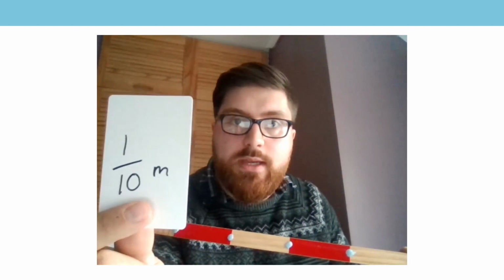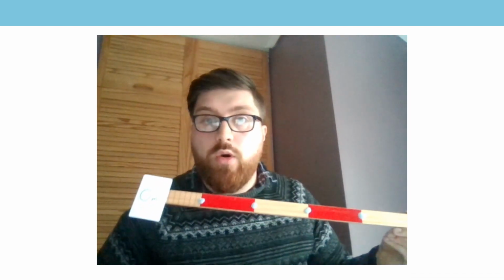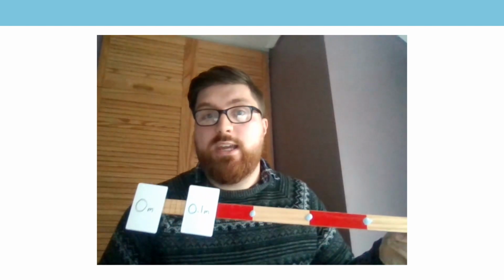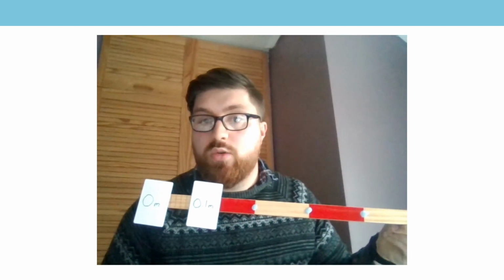That's right. Each interval is worth 1/10 of a meter. 1/10 of a meter. What is this as a decimal? 0.1. That's right. 0.1 meters. We could also say that each interval is worth 10 centimeters, couldn't we?